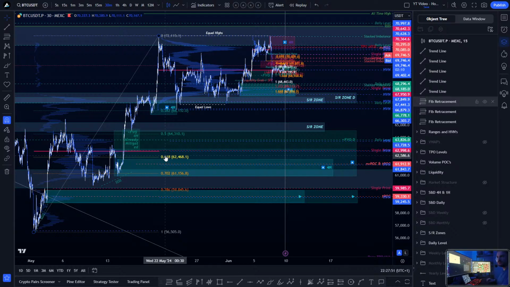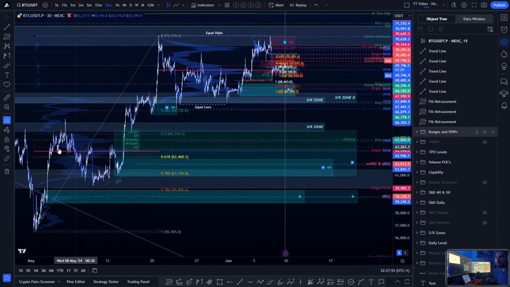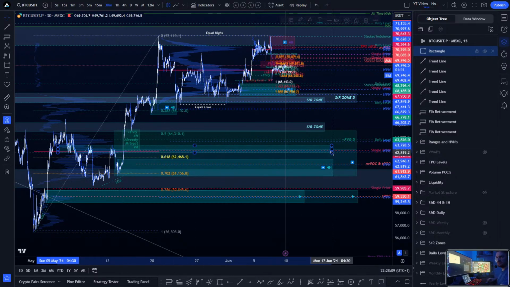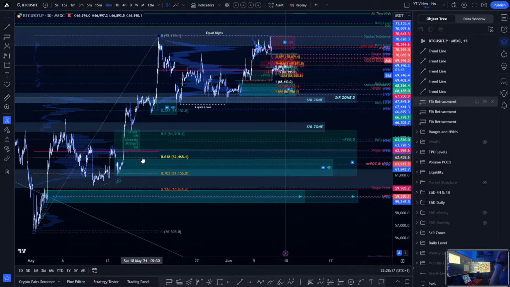Time will tell, but it's less likely in my opinion. I like this point of control because it's basically where a lot of highs were before price pushed. So you can clearly see that there's a local support and resistance zone at this area, right? And that could be a nice support.